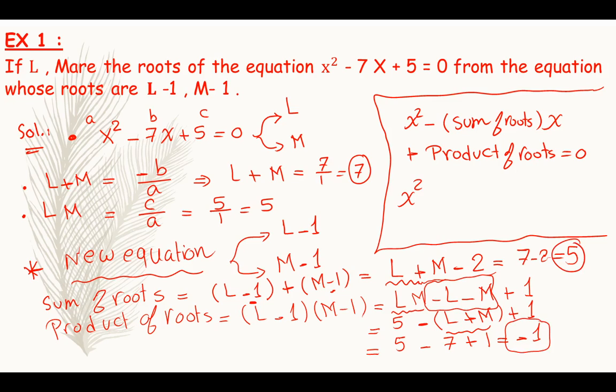So it will be x power of 2 minus the sum of roots, which is 5, multiplied by x, plus the product of the two roots, which is negative 1, so minus 1 equals 0. Okay, so this is the new equation, x power of 2 minus 5x minus 1.